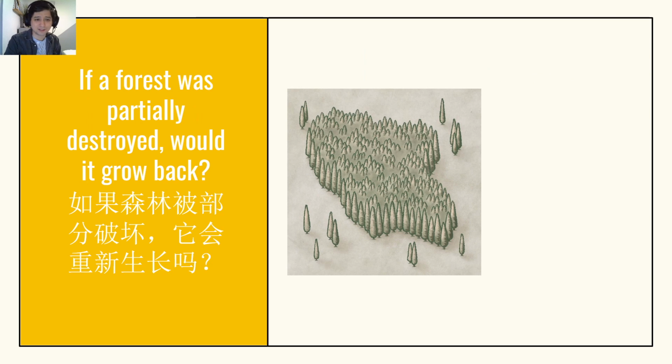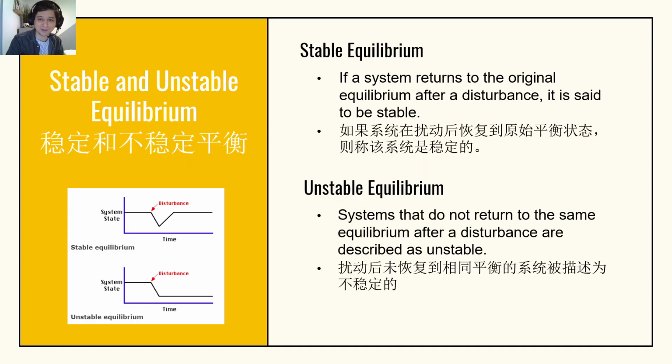And then here's this question. If a forest was partially destroyed, would it grow back? Okay, and the answer is it depends. It depends on a few different things. Now, it's related to this topic, stable and unstable equilibrium.